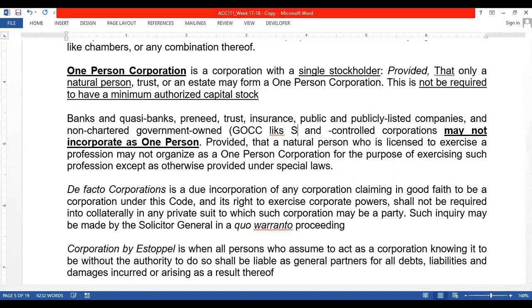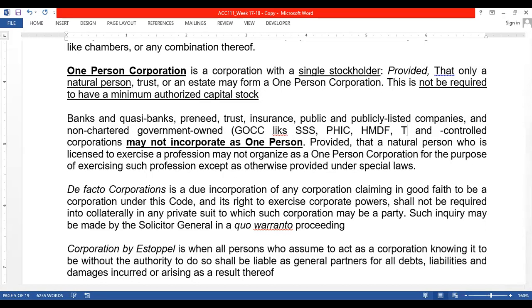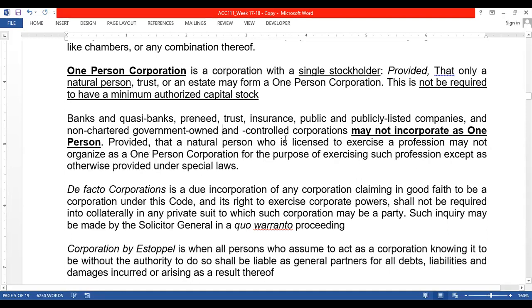Like SSS, PhilHealth, PHIC, tsaka yung Pag-ibig, HDMF. And even the Tagum Water District, this is a local GOCC. So, government-owned and controlled corporation. So, GOCCs means government-owned and controlled corporations.